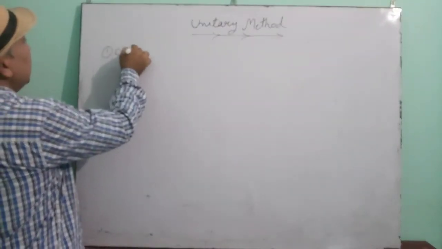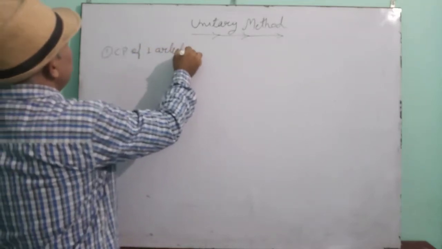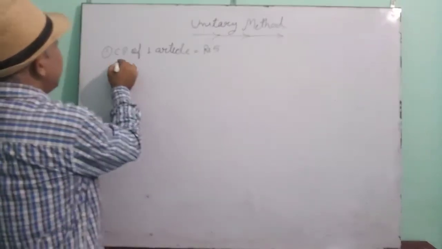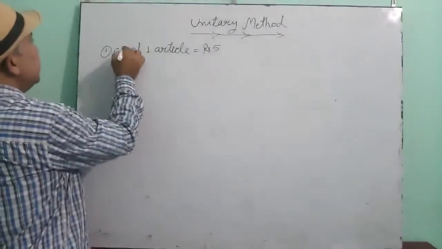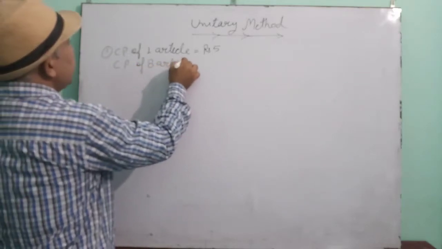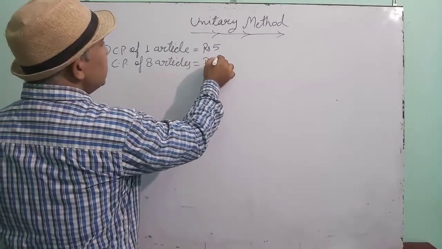See the example. Suppose that cost price of one article is equal to rupees 5. Then very simply you can find cost price of 8 articles. What will be the price of 8 articles?